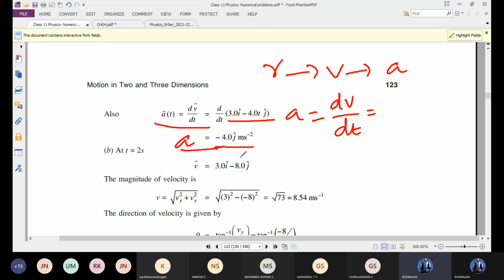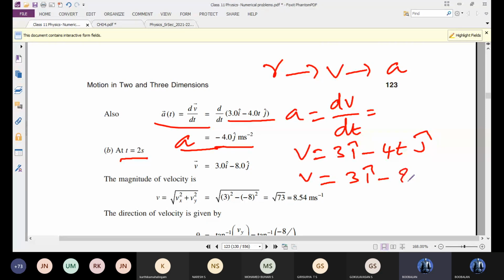So next, applying the t value, 2 seconds. The velocity formula v is equal to 3 I cap minus 4t j cap. With t value 2 seconds, 4 2s are 8. So velocity equals 3 I cap minus 8 j cap.